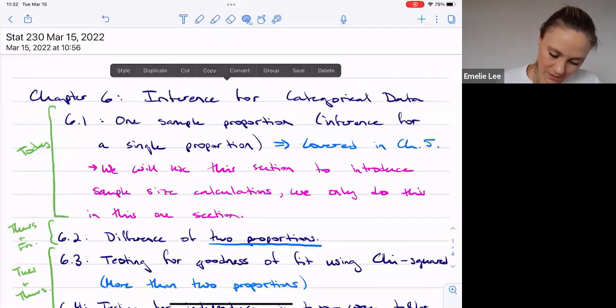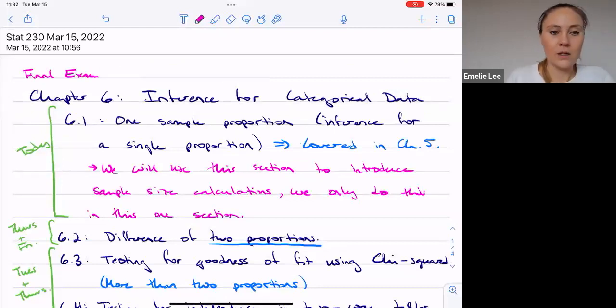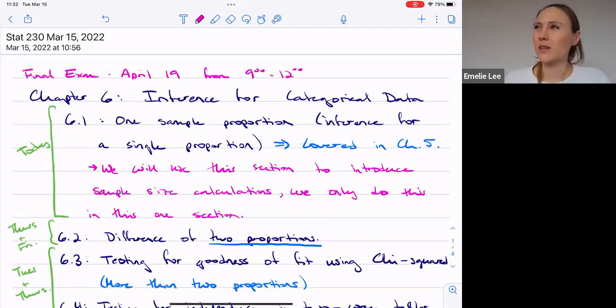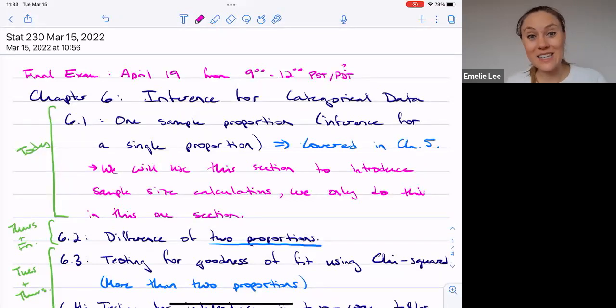I'll jot down that the final exam is April 19th from 9 to 12. And now that we have daylight savings, I think it's called PDT instead of PST, but I can't remember. We had daylight savings, so times have changed.